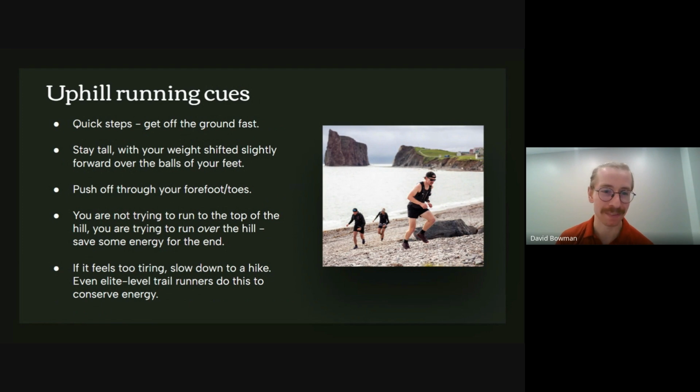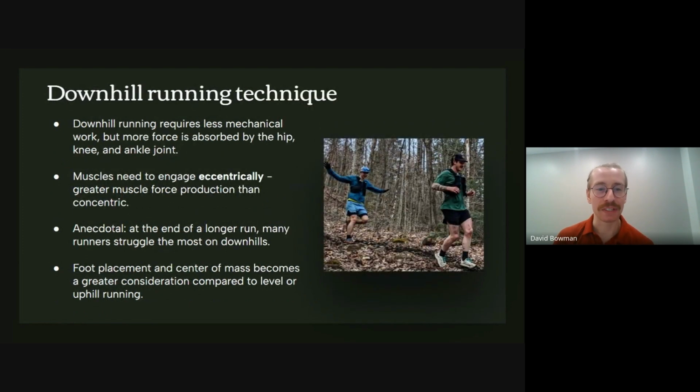When we're thinking about downhill running, this will require less mechanical work as compared to level or uphill running, but we end up having more force absorbed through the hip, the knee, and the ankle. And one really interesting thing is that during downhill running, our muscles need to engage eccentrically.